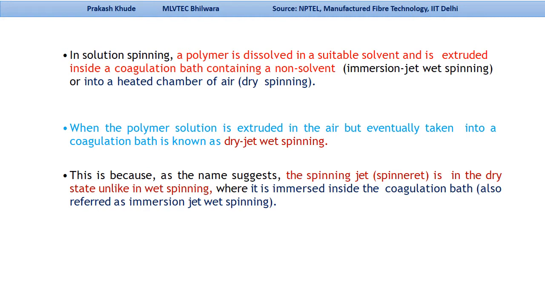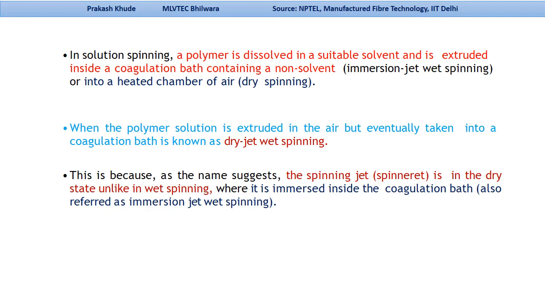But in dry jet wet spinning systems, how is it different? In this case, the polymer is extruded into the air but eventually taken into the coagulation bath. That system we call the dry jet wet spinning system.